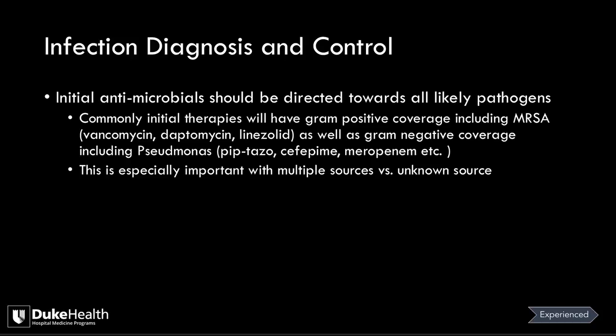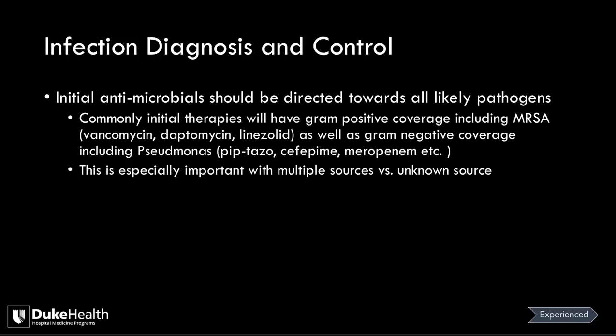If it's very clear what the source is, for example that a patient has community-acquired pneumonia, then treatment for community-acquired pneumonia per our CAP guidelines is okay. It's particularly important to be on very broad-spectrum antibiotics in patients that potentially have multiple sources.